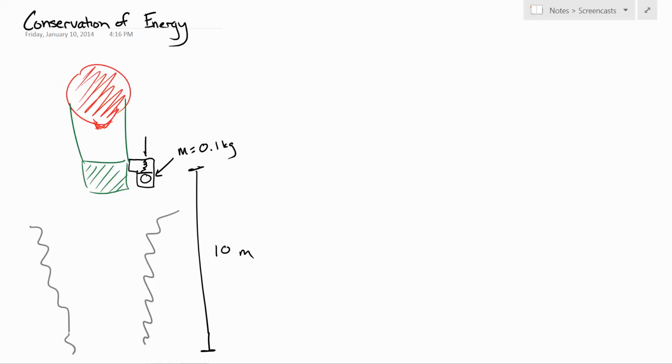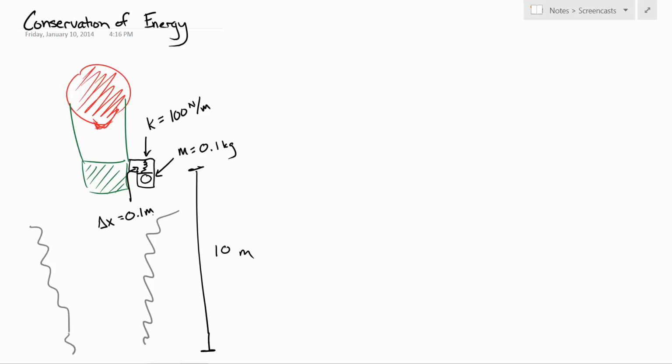Let's say that the spring has a spring constant, call this K, remember. Let's say it is 100 newtons per meter. And let's say that the spring has been squished an amount, delta x, which will be 0.1 meters.